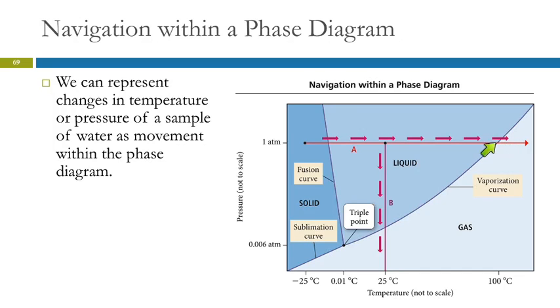You can also go up and down looking at differences in pressure. Here at room temperature, if you decrease the pressure, you can actually cause the water to go into the gas state when you get down to this lower pressure. So without changing the temperature, you can change the state. And that's how the ice skates work: you increase the pressure and you can cause the water to melt.